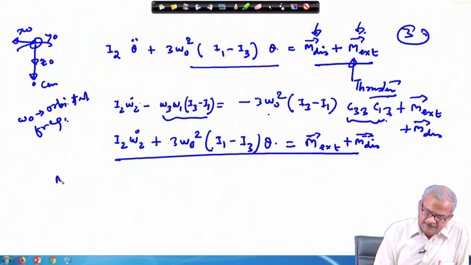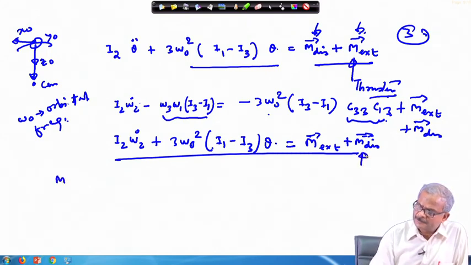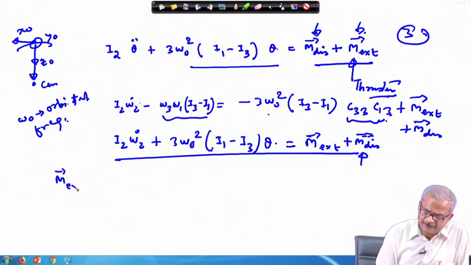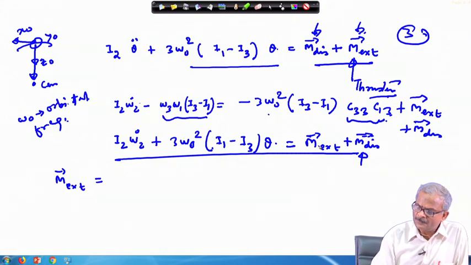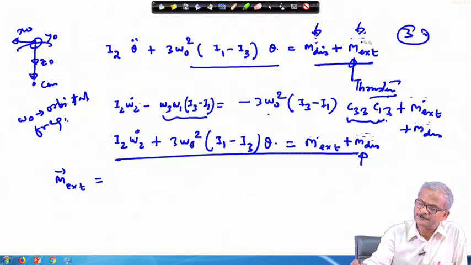So, now this m external, if you ignore this, the case will become very simple, and m external you can choose in the form of, because this is only along the y axis, this vector notation we can drop here, all this can be dropped.